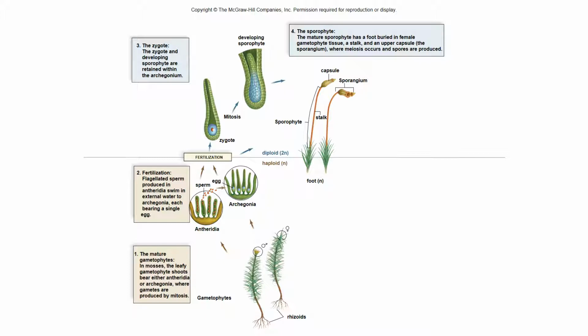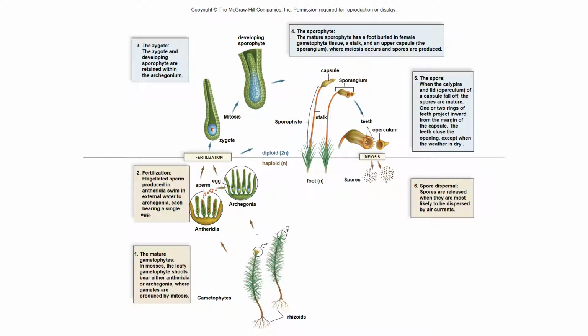It's got a stalk on it, like a stem, and an upper capsule, which is where meiosis happens and where the spores are made. Once the capsule falls off, that means the spores are mature, and they spread out. The spores are released, likely when there's a lot of wind.